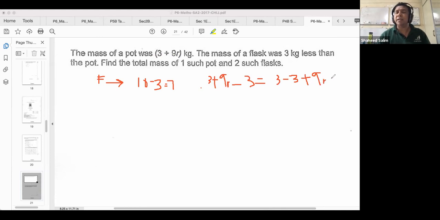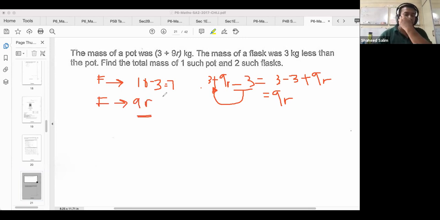See, where did I get the minus 3 from? This minus 3, I move it in front. So why I move it? So I can minus: 3 minus 3 is 0. I'm left with 9r. Oh, the flask is 9r. The flask is 9r kg. I've already found 1.